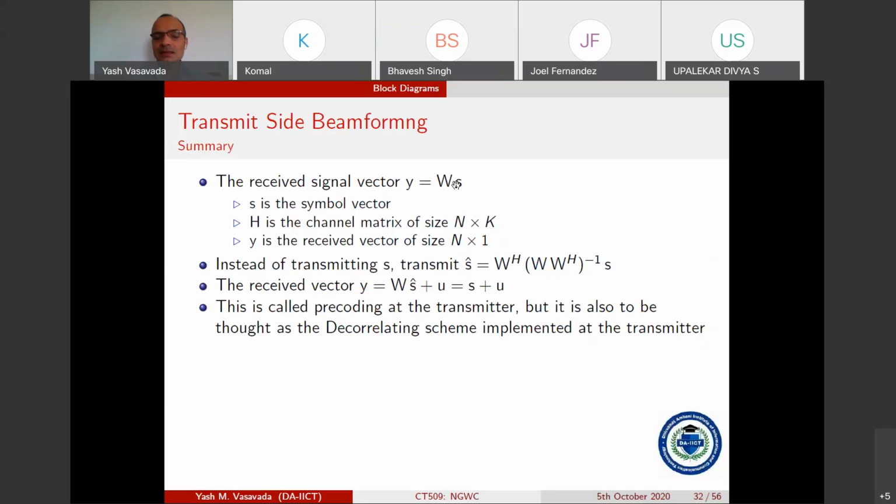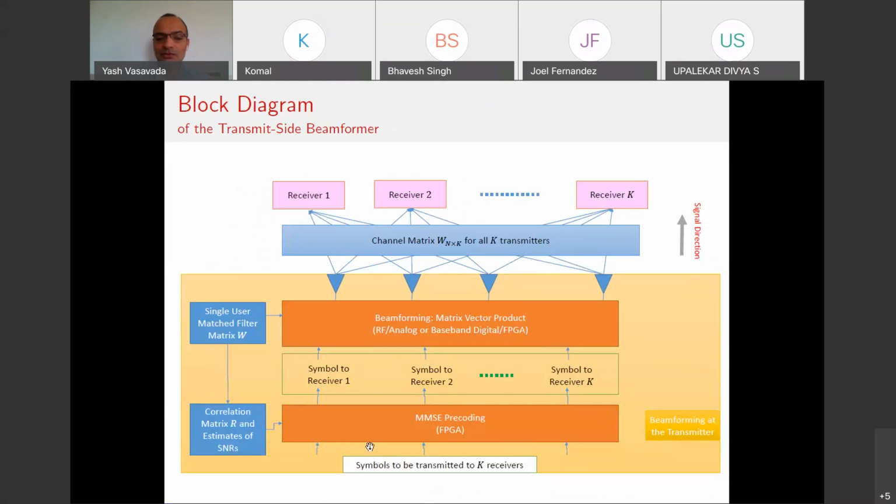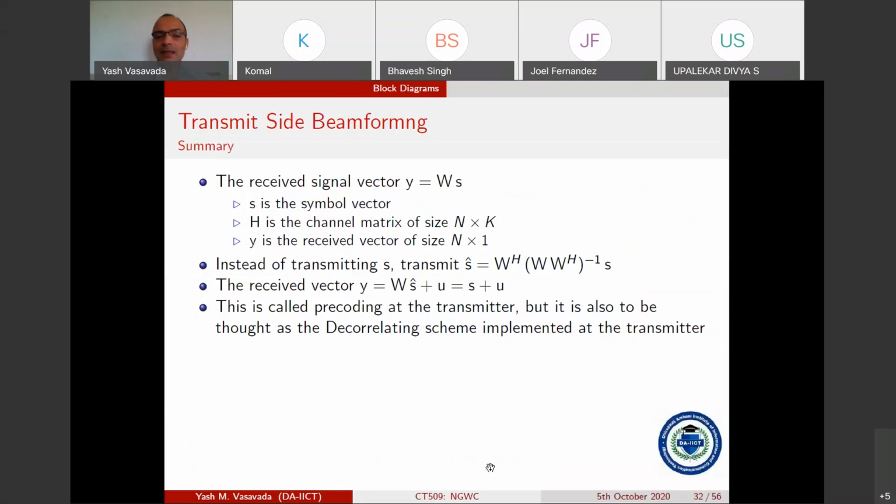S is the vector of symbols that we now want to transmit. Remember, we are talking about transmit side beamforming or transmit precoding. So S is the vector of symbols that we want to transmit for different end users.